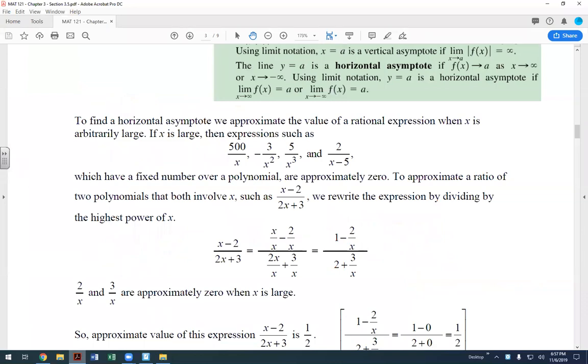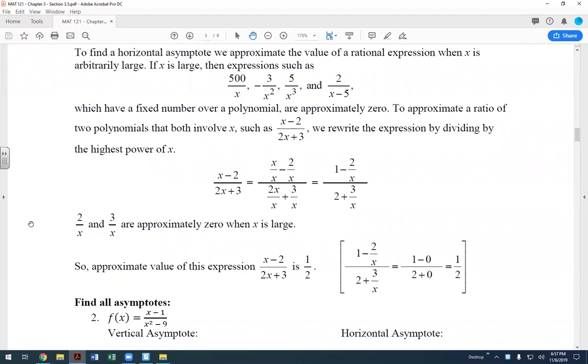That's the same degree of the x value, right? x to the 1, x to the 1. These guys are actually always going to approach the coefficients of your leading term. So that's 1 from the numerator, and that's 2 from the denominator. So 1x, 2x, same degree of x, you're always going to be at the ratio of the coefficients of your leading terms. Okay?